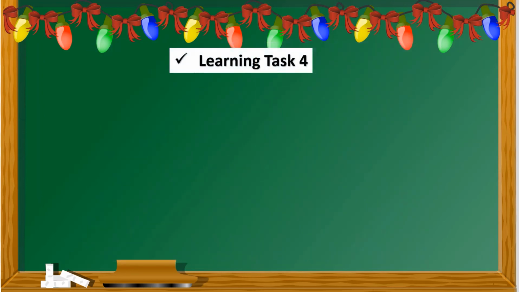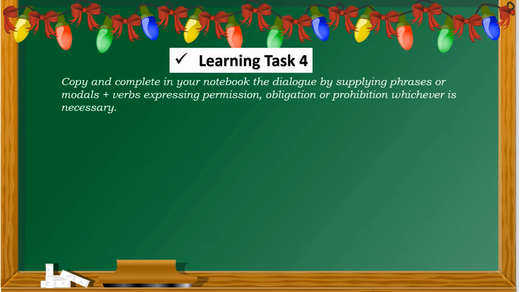Now, after discussion, we will be proceeding to your learning tasks. And we have here learning task 4, which says, copy and complete in your notebook or in your paper the dialogue by supplying phrases or modals plus verbs expressing permission, obligation, or prohibition, whichever is necessary.